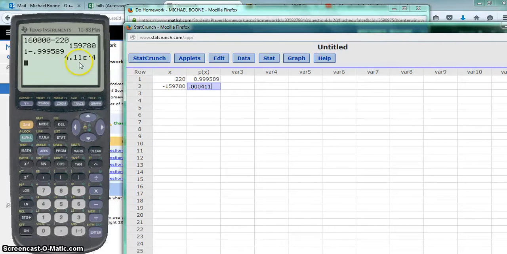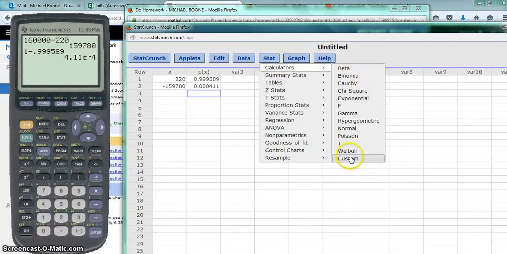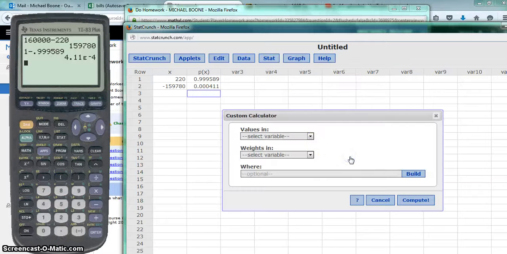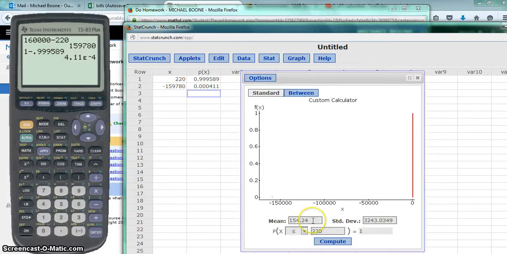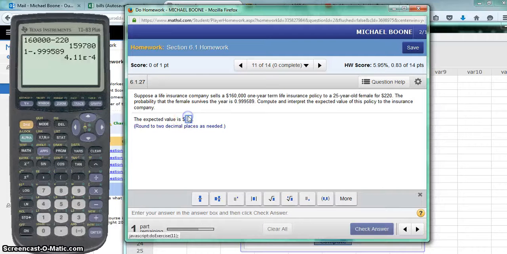So this is just in scientific notation. So now what I want to do is figure out what the expected value is. So again, we're going to go to our calculator and our custom calculator, values X, the weights or the probabilities, and compute. So I get a mean of a positive 154.24.